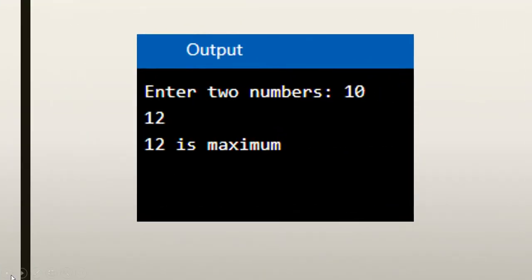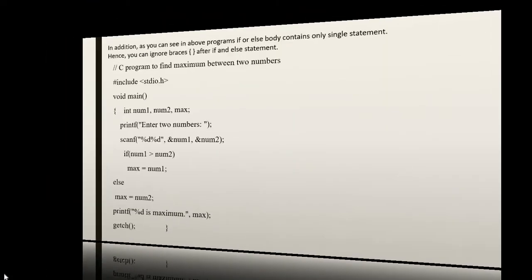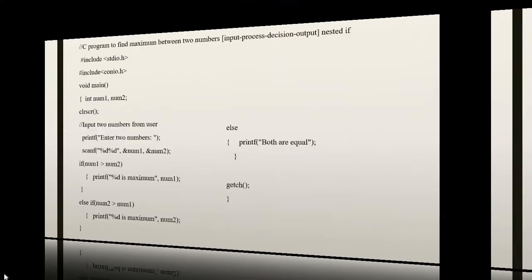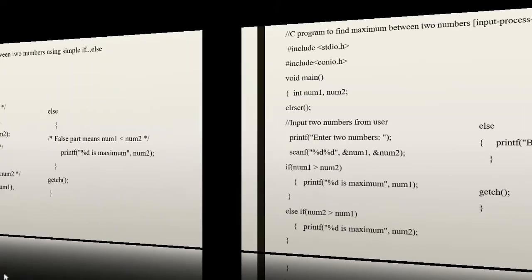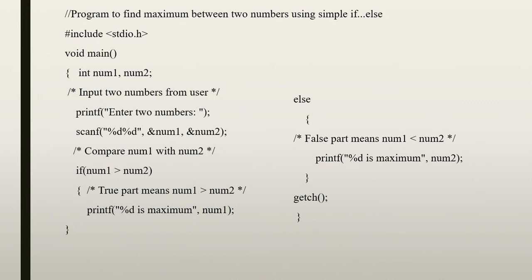So this is the output for all three programs, because ultimately we are getting the same output, only three different processes we have used. First one is only a simple if statement. If number 1 is greater than number 2, it will print the largest number.